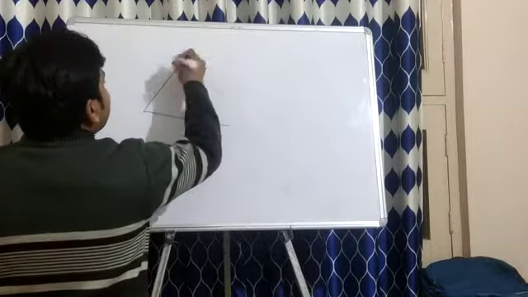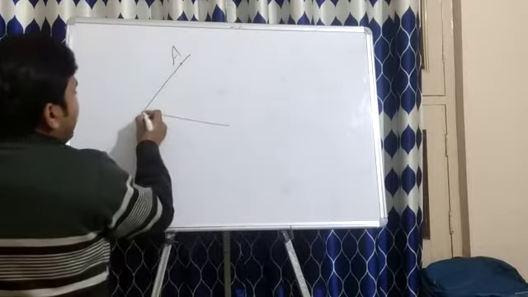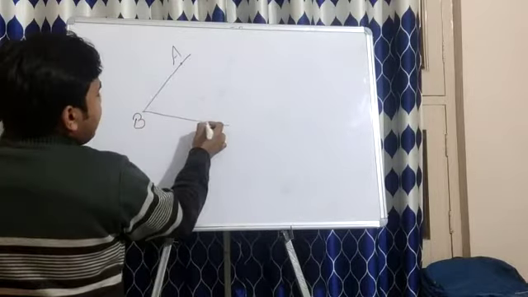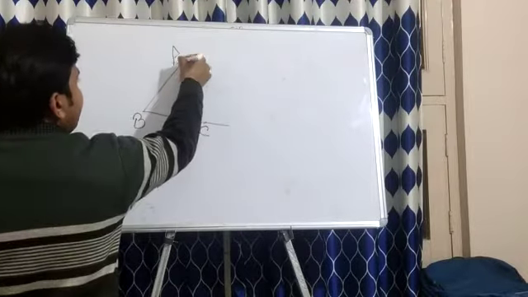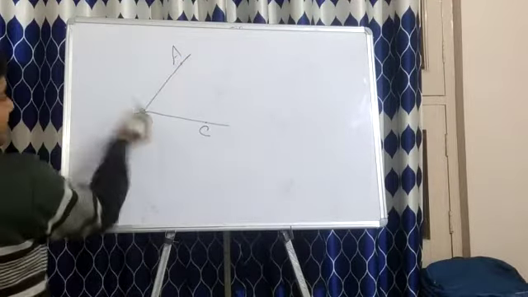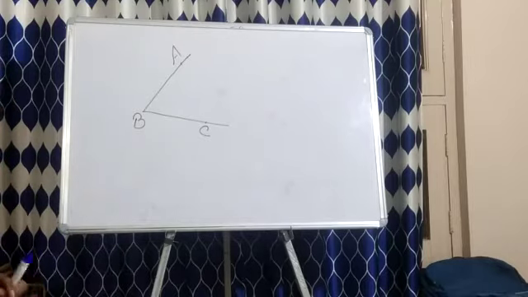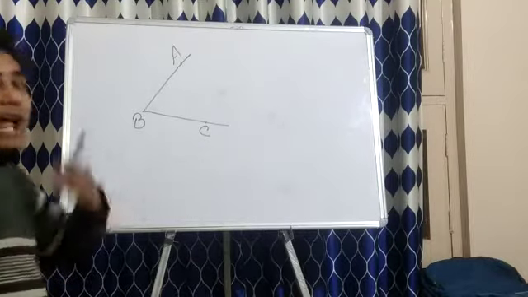Let's say this point is A, this point is B, and this point is C. These two segments are meeting at a point, which we have named B. Now, what is an angular bisector?